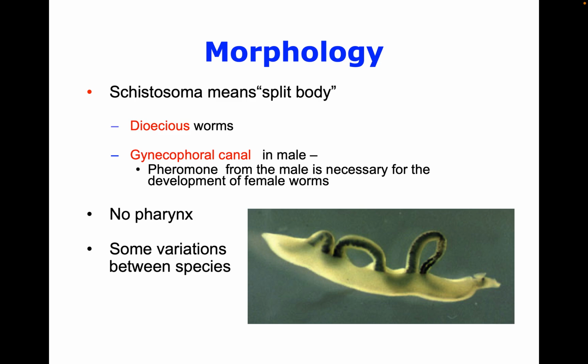Also, from this picture, you can see the 2 different genders have different colors. The male one is more pale white, and the female one is longer and slimmer, because it needs to live inside the kernel.